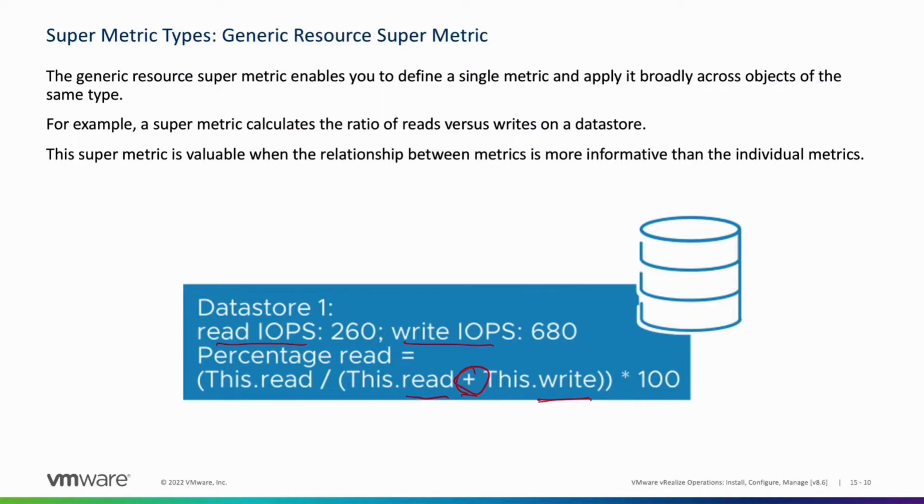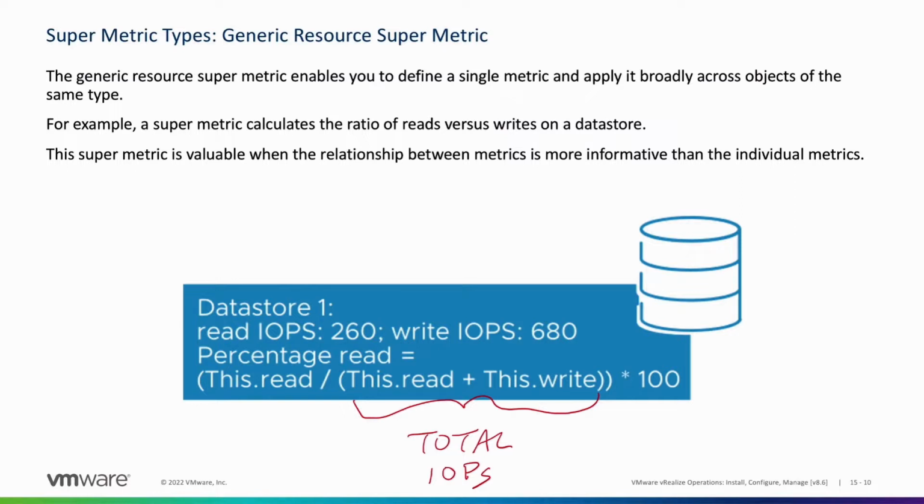Again, we have a performance metric to do that. So by taking these two existing performance metrics and adding them together, we're going to get a new value. In this specific case, what we're going to get is the total IOs that we're doing per second.